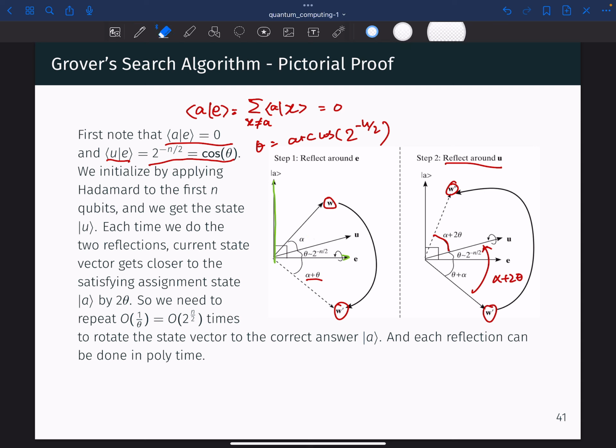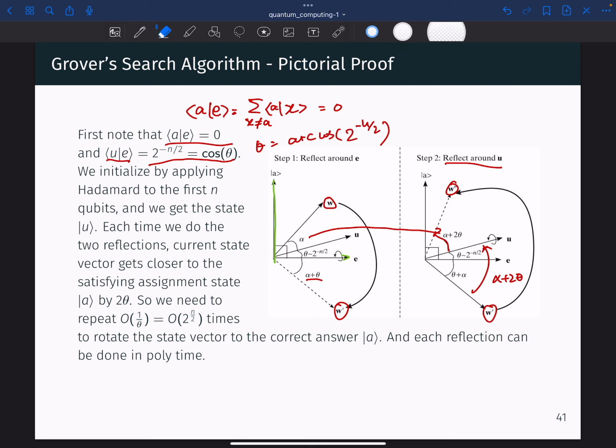So going from alpha to alpha plus 2 theta, each time you get closer to the satisfying assignment state by 2 theta. So after each two reflections, we'll get closer and closer to the correct state.